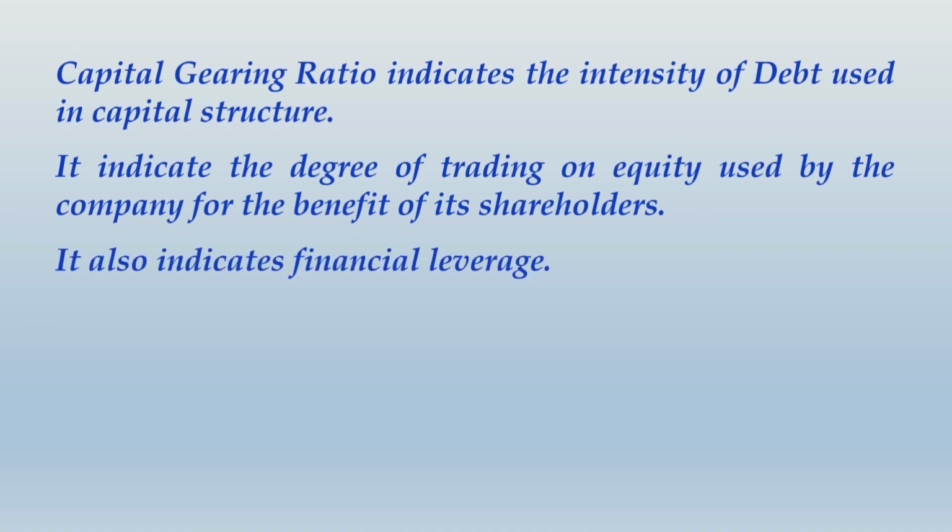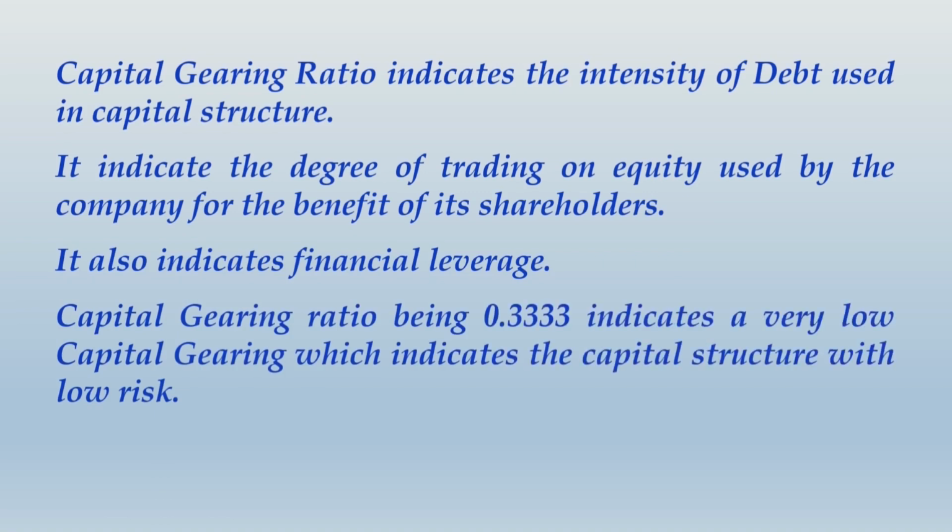It also indicates financial leverage. With this capital gearing ratio of just 0.3333, we find that there is a low gear, and when there is a low gear, we can also consider the fact that the company does not have a high degree of trading on equity. Whether this is justified or not, we will not conclude now.